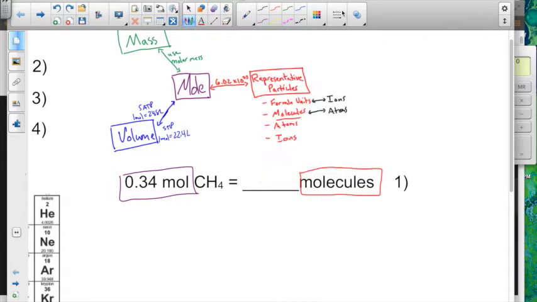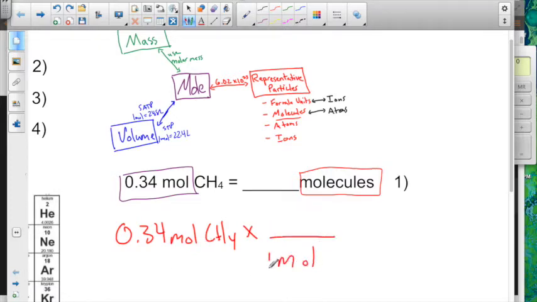So let's write it out. So we have 0.34 moles of CH4 times, now what do we want on our bottom? Well, we want moles on the bottom, because they will cancel. And then we'll have 6.02 times 10 to the 23 molecules on top.